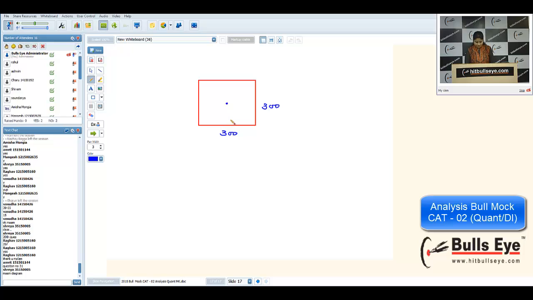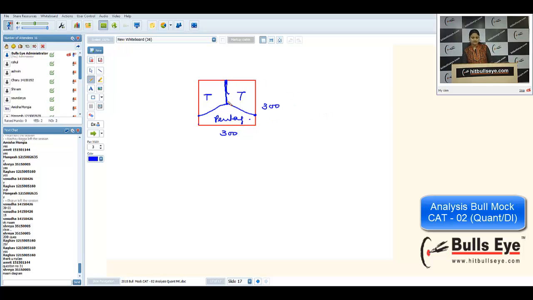You join the middle point of one side and two other points on the adjacent sides, this way. Now this is a trapezium and a pentagon.